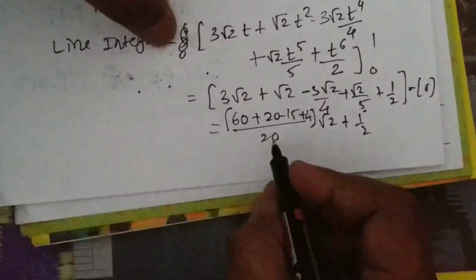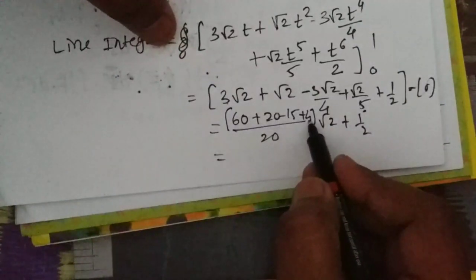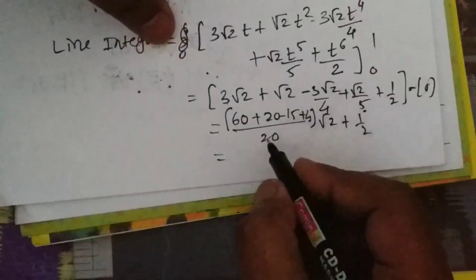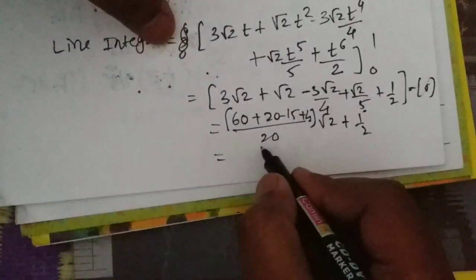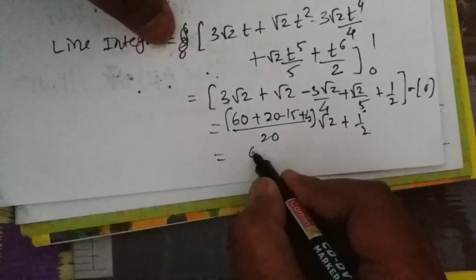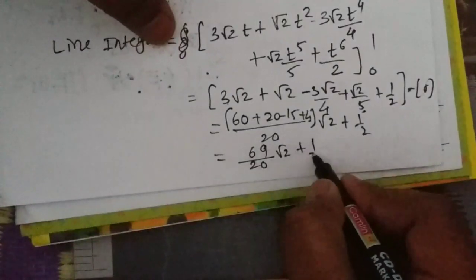Which after simplification will be 60 plus 20, 80, plus 4, 84. 84 minus 15 will be equal to 69 by 20 root 2 plus 1 by 2.